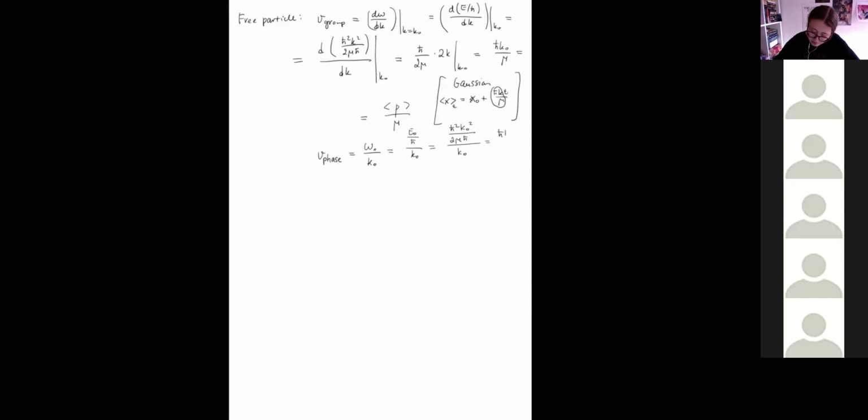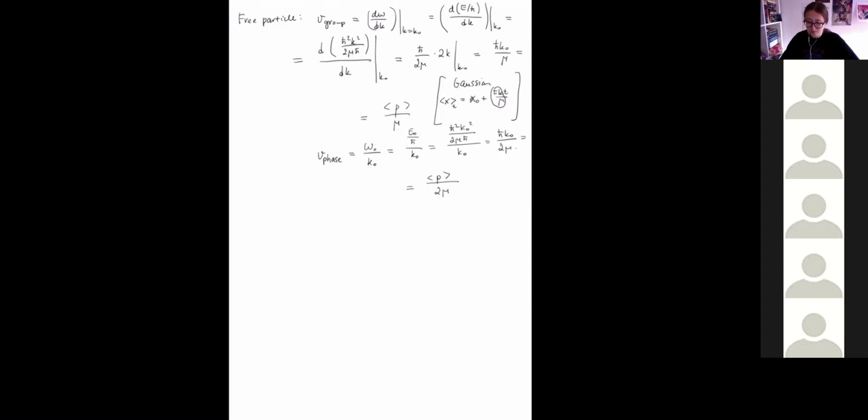What we get is h bar k0 over 2 mu, or the expectation value of the momentum over 2 mu. Okay, great. This is a very good example which shows us that the phase velocity and the group velocity for a free particle are actually different velocities.